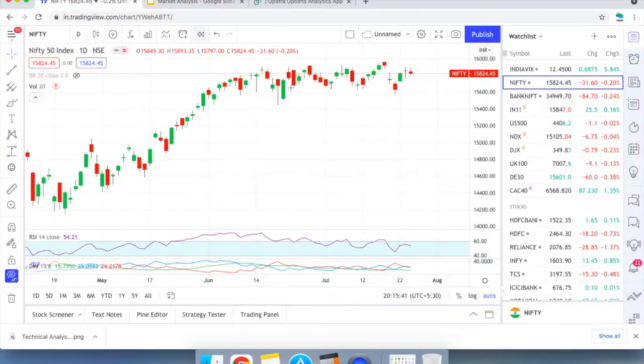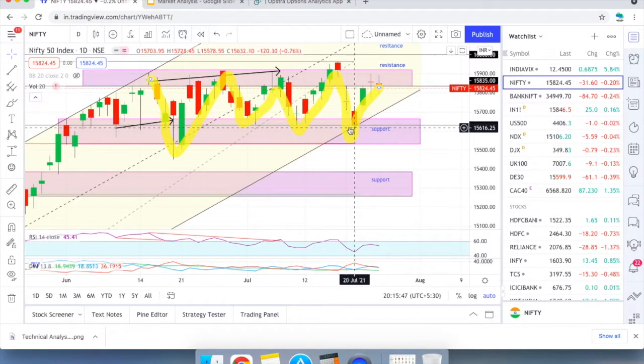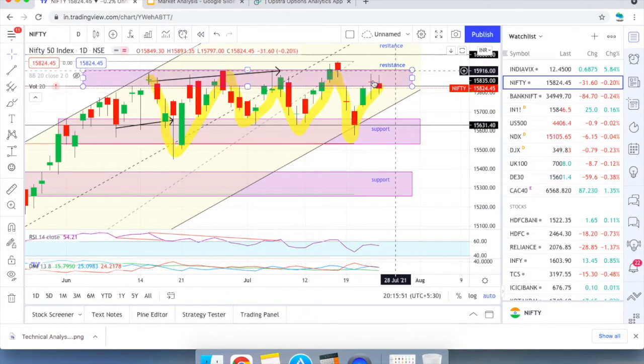Next are the support and resistance levels, which remain the same. This is Nifty. We have once again been hit by the resistance zone. That's exactly what happened. The 900 to 830 band is where it has been getting hit every time.